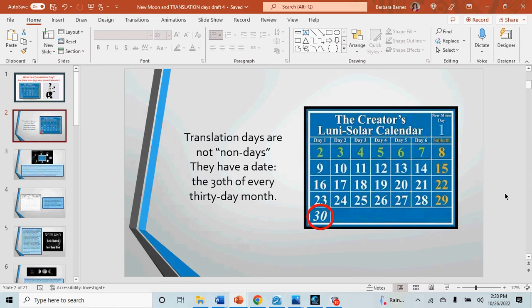Hi. So I guess you could categorize this either as a comment or a question, because it contains some information, but it's also me asking what everyone thinks of this. I have been thinking about these translation days. And I remember the story of when Saul gets the spirit where he wants to kill David, and they have a new moon feast, and it's at least a 2-day feast.